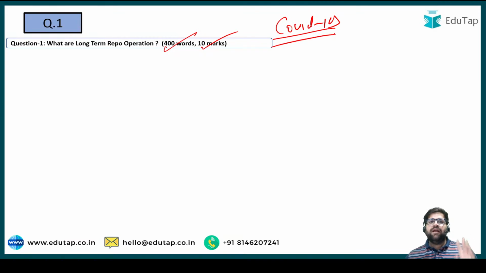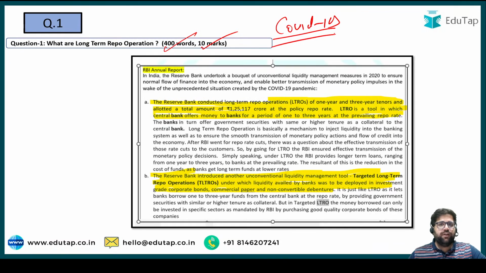So RBI receives a very good thumbs up for managing the COVID-19 crisis. And if you are updated with the different views shared by different RBI governors, just see how Raghuram Rajan has appreciated RBI regarding accumulation of foreign reserves. So again, RBI deserves a very good thumbs up for COVID-19 management.